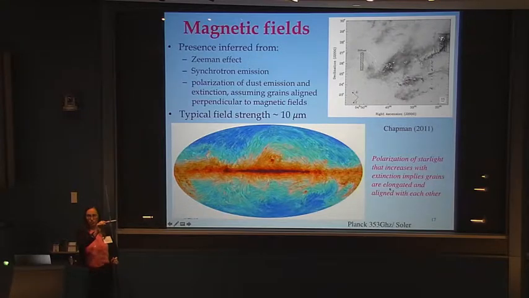The emission from grains is like a little dipole emitting, so the electric field is parallel to the grain axis. So for emission, the electric vector is perpendicular to the magnetic field. For extinction, that's the same component that gets absorbed out, so the polarized background starlight is parallel to the magnetic field when you're looking at polarized extincted radiation. But the fact that it's polarized says that grains are elongated.